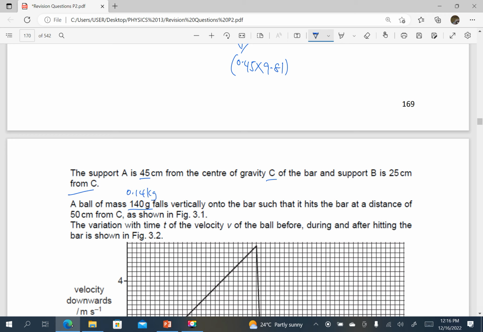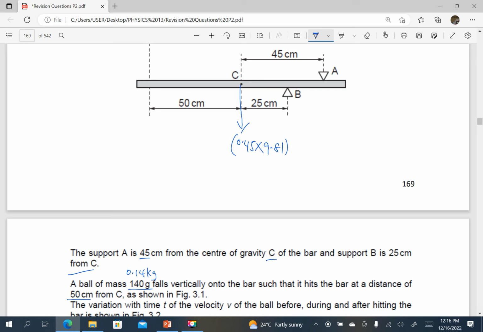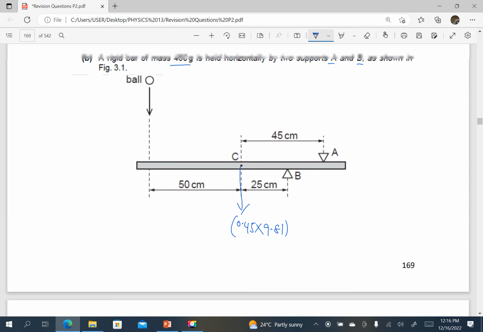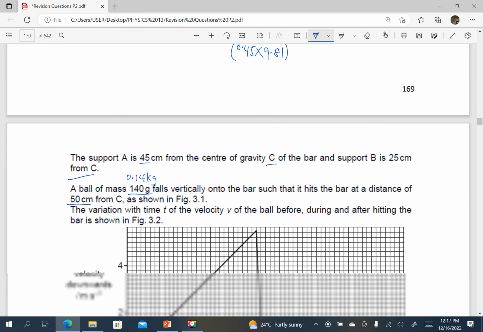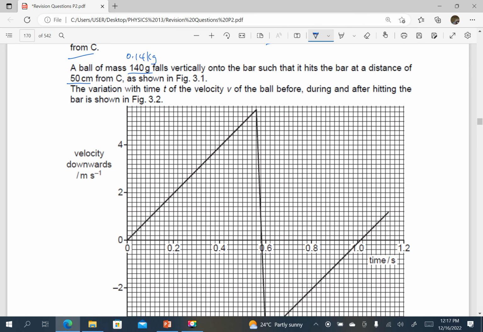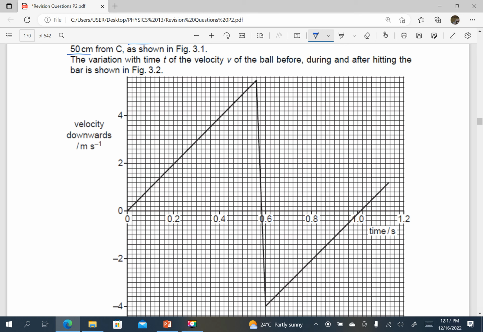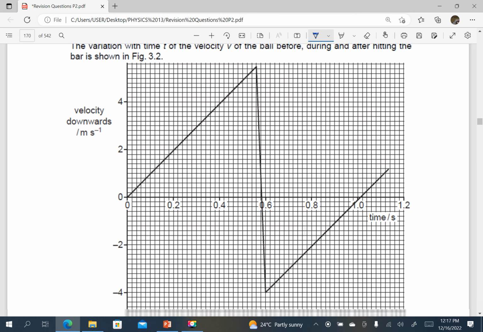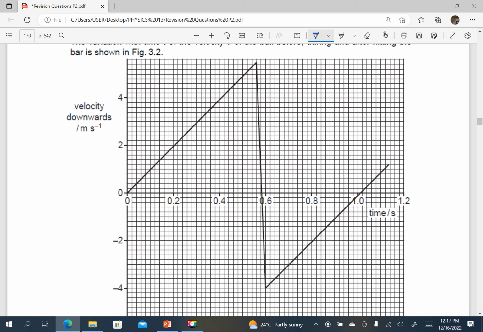It falls vertically onto the bar such that it hits the bar at a distance of 50 centimeters from C. We can see that from the diagram. The variation with the time t of the velocity v of the ball before, during, and after hitting the bar is shown here. So we have a graph of velocity against time, velocity downwards.